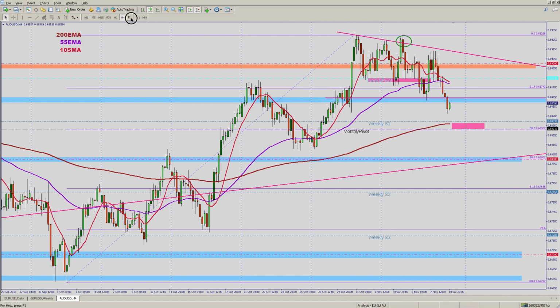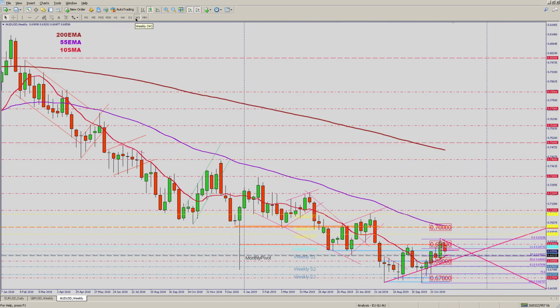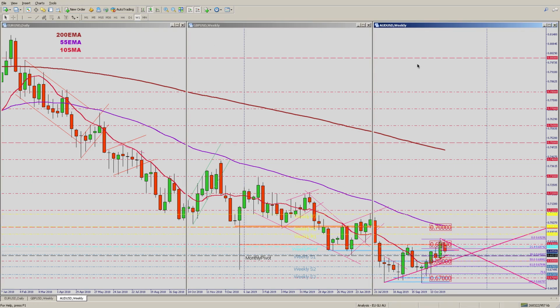All right, let's take a quick look at the weekly time frame, and you can see the retracement started after a strong bullish recovery for the Aussie dollar.